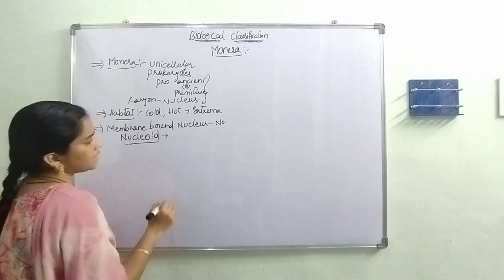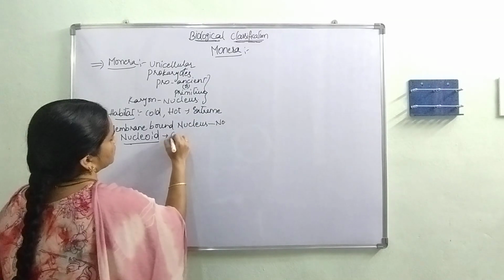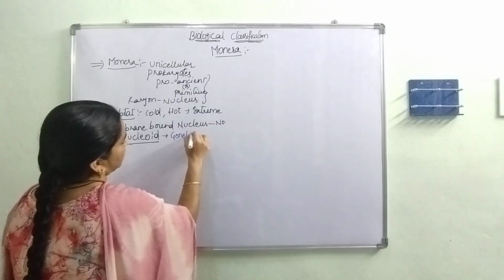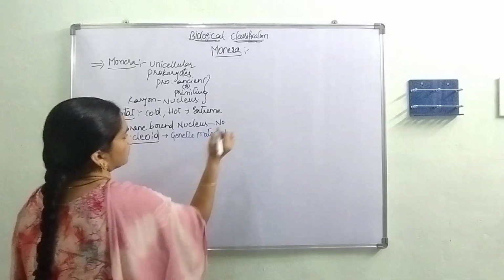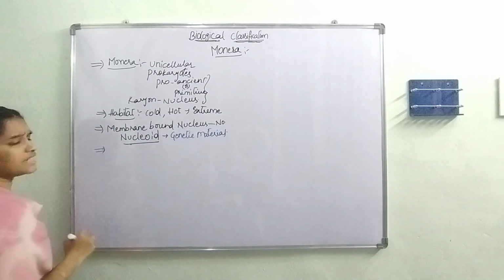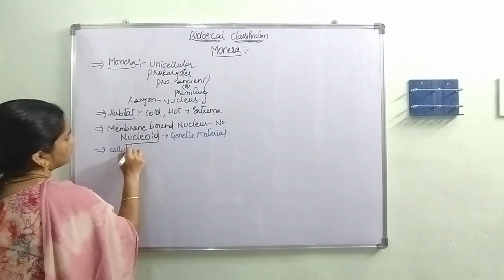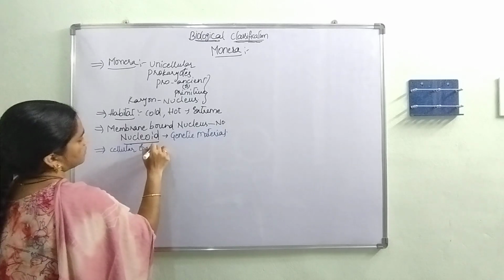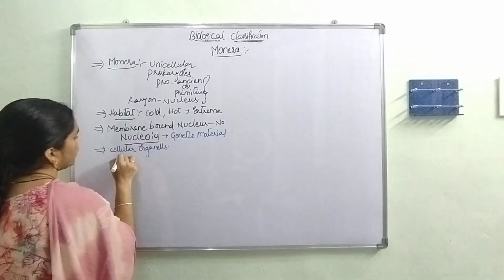Nucleoid is just genetic material, or the chromatin material. Next, they do not have any cellular organelles or membrane structures.